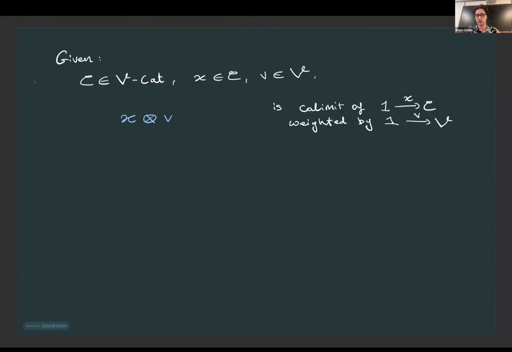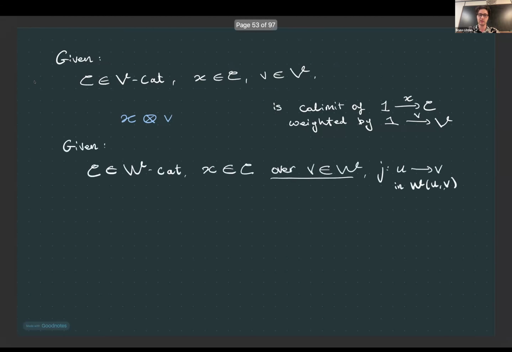So the tensors are just a particular kind of weighted colimit where the shape is just the singleton. And I'm really not going to tell you about how weighted colimits work in general for enriching a bicategory. But in the case of tensors, it's at least, just to see the raw information that you need as input, pretty straightforward.